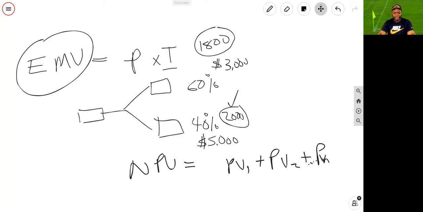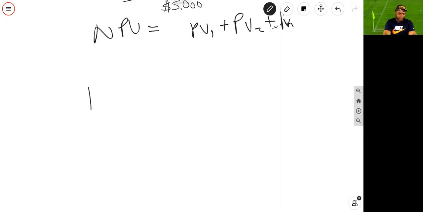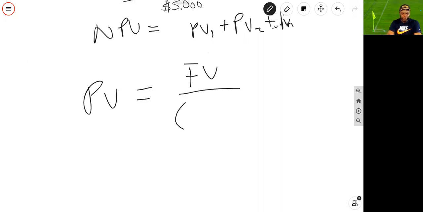And then understanding what exactly PV is. Future value divided by 1 plus I, and all of that to the power of N, where N is a time period and I is an interest rate or discount rate, if you will. Just have that in your back pocket just in case.